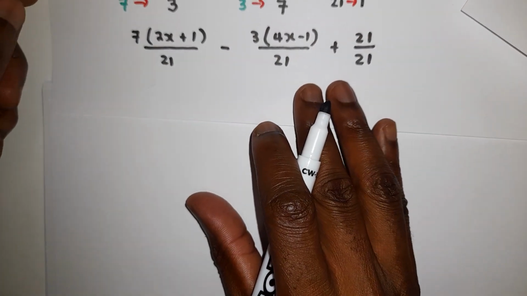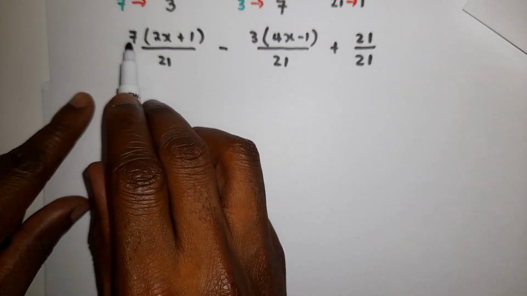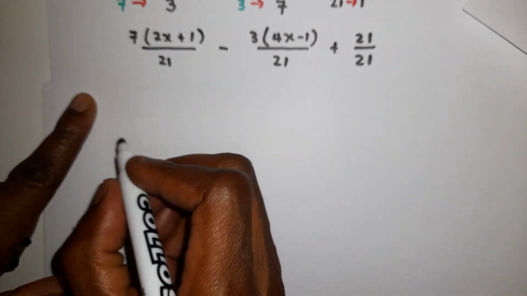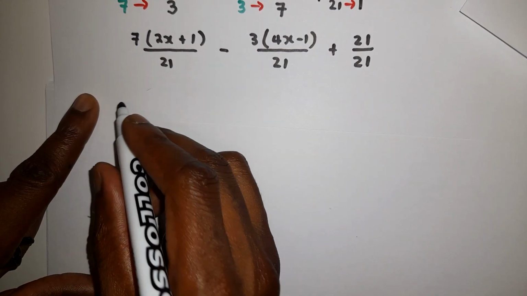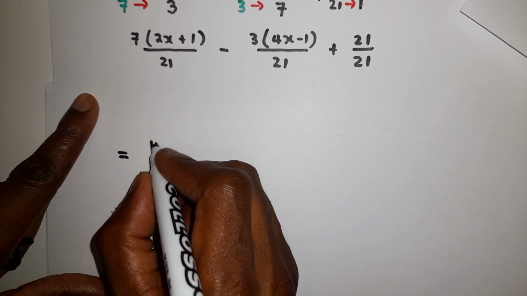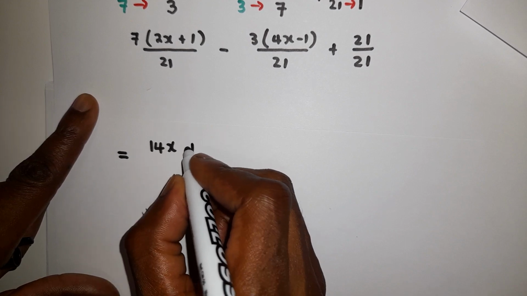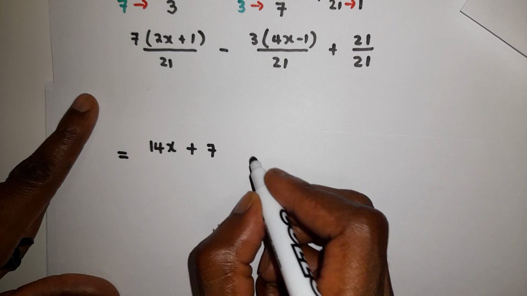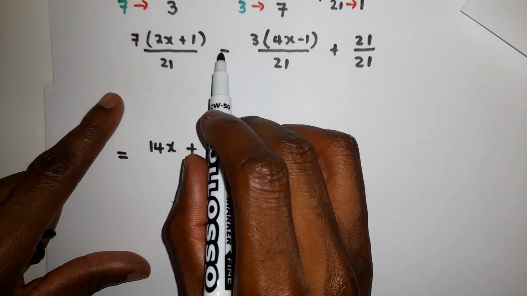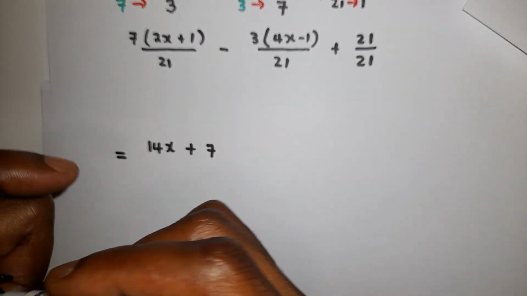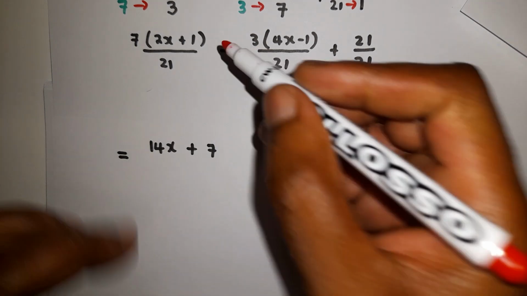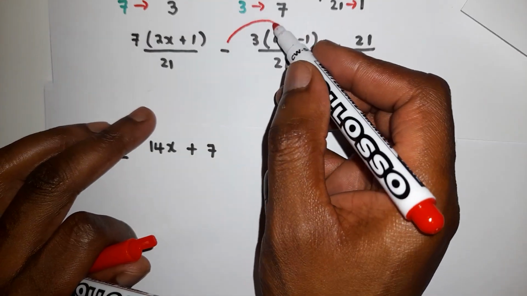Distribute the 7 inside, distribute the 3 inside. So 7 times 2x, positive times positive is a positive. Then I'll have 7 times 2x, which is 14x, plus 7. Now I'm going to distribute this negative 3 inside.